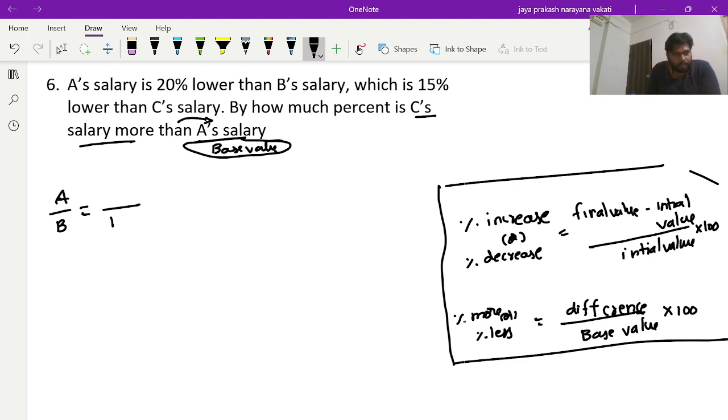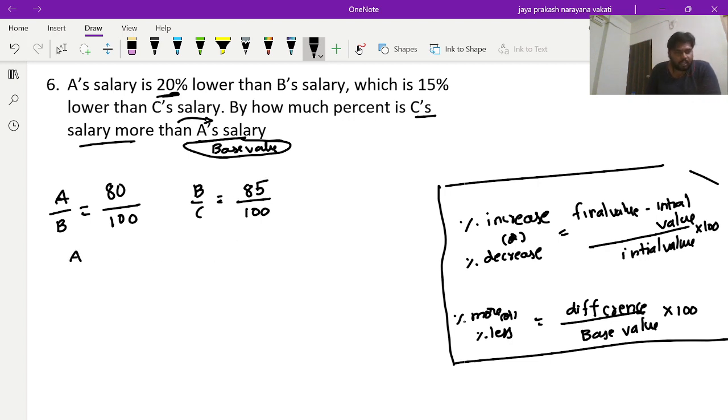If I assume B's salary is 100, A's salary is 20% lower than 100, which is 80. So A by B is 80 by 100. Similarly B by C, where B's salary is 15% less than C's salary. If C is assumed as 100, B's salary will be 85.